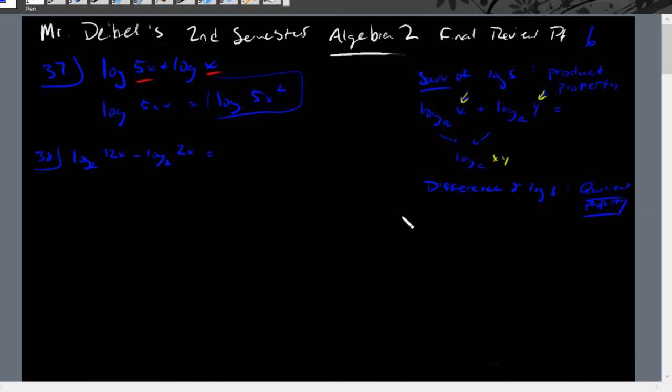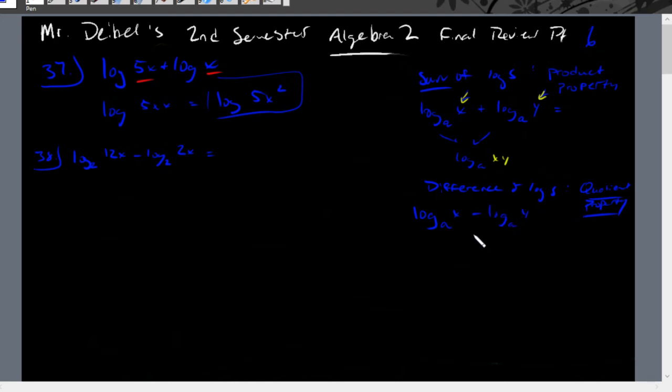So, the quotient property says that if you have two logs being subtracted from each other, which we do, you can condense them into a single log. So we've got two logs with the same base, and they're being subtracted.